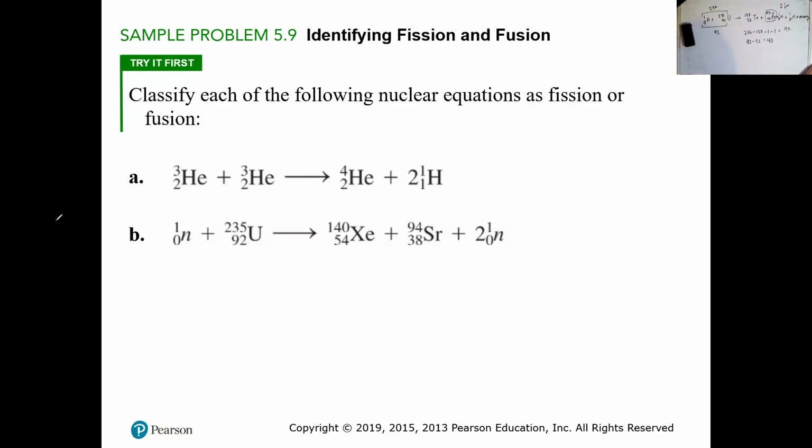So here we've got these two helium isotopes that are combining into a larger helium isotope. And then additionally some hydrogen atoms, or some protons rather. But we have these two helium atoms combining into one larger one. So that combination of two things into one thing, that's what's going to make this fusion.